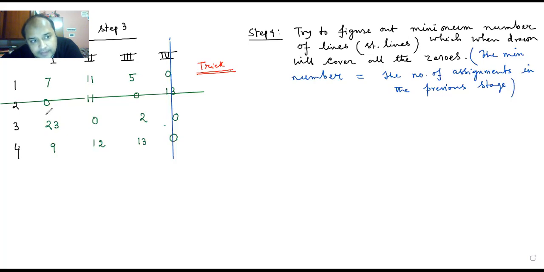If I draw the straight line through row 3, it will cover all the zeros, and it will cover 2 also, 23 also. But I am not going to do this here right now. You will understand what I am going to do, not in this particular manner.